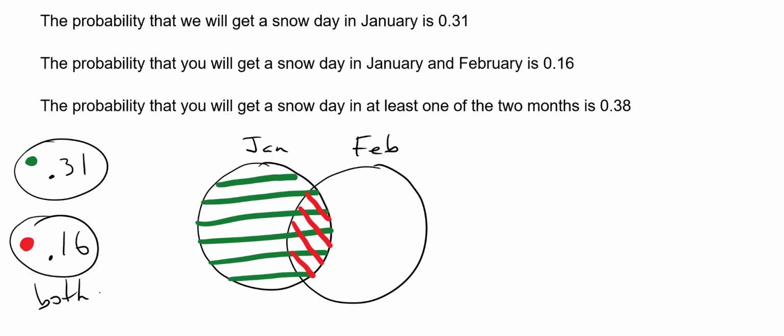And then the probability you get a snow day in at least 1 of 2 months, which means both of these, is 0.38. Okay, that's all the information we need. So remember, guys, our goal is to get just January and just February. That's really easy. Okay, so let's do just January. So just January is this.